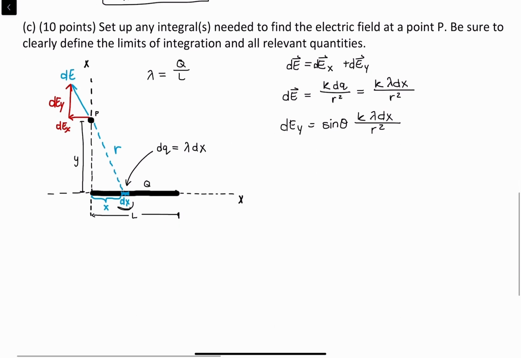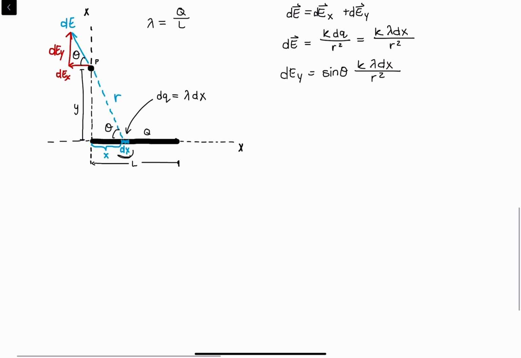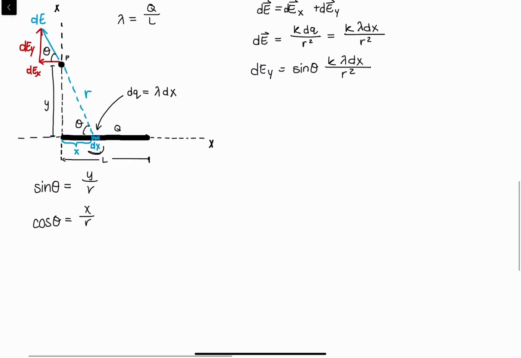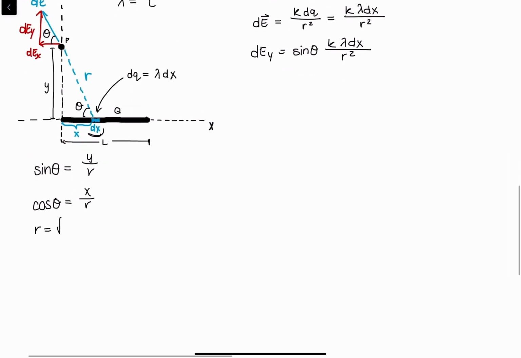And we have to figure out what to do with this sine theta, which we can see from here, since this angle will be the same, so we can find sine theta by using this relationship: sine theta will be equal to y over R. Also, cosine theta will be equal to x over R. Also, R will be equal to the square root of y squared plus x squared.